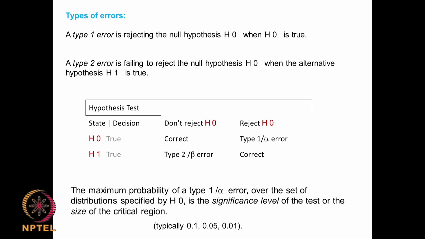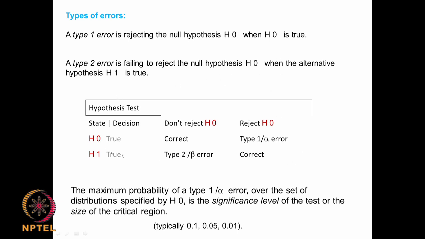If you take a larger alpha, then obviously you are very sure that you will not reject the null hypothesis when H naught is true, but then your significance level also gets affected by that.